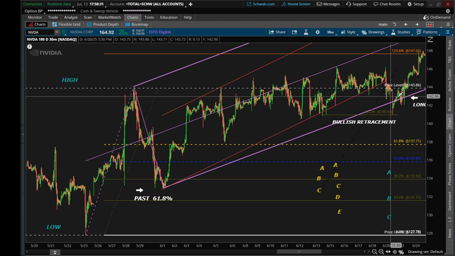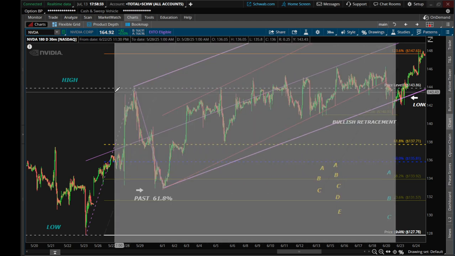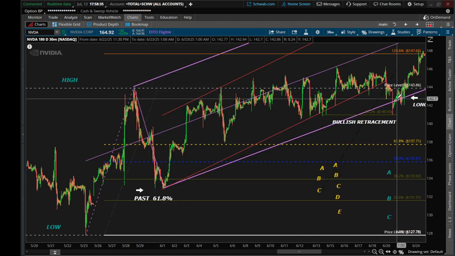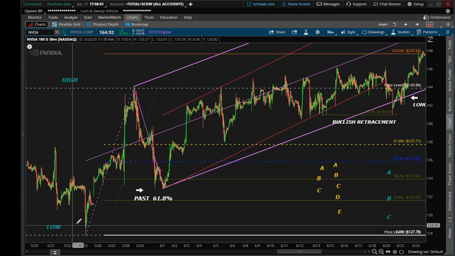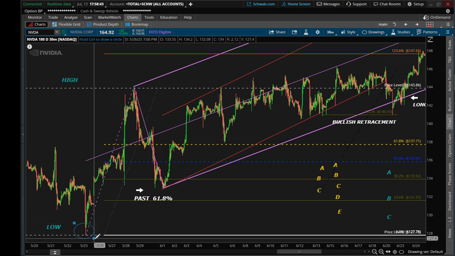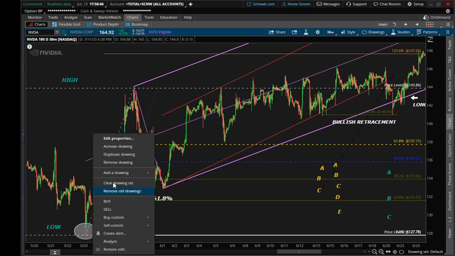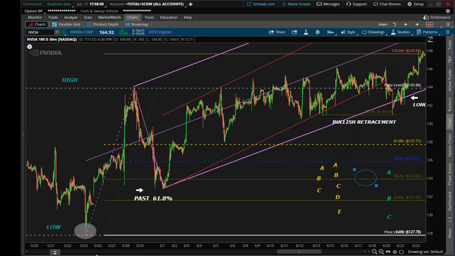So what we're doing is we're reading right to left till we find our low, and that's pretty obvious. It's right here, right? Because that gave us our support line.